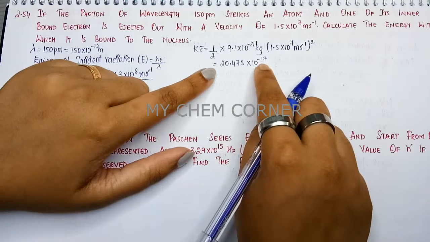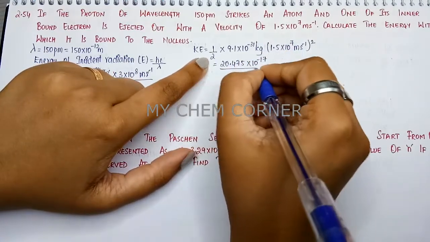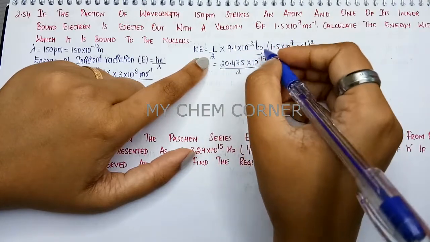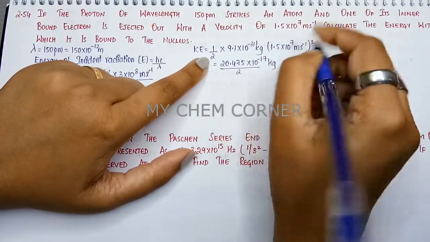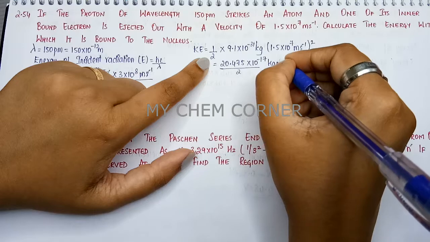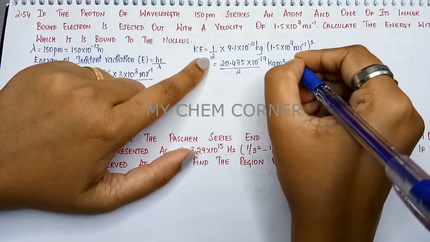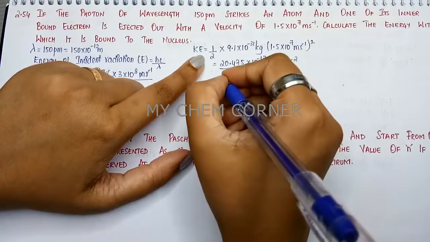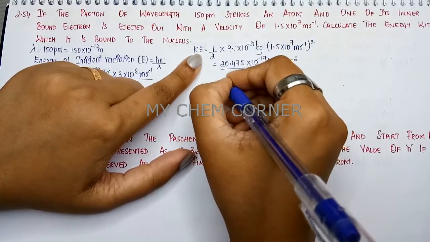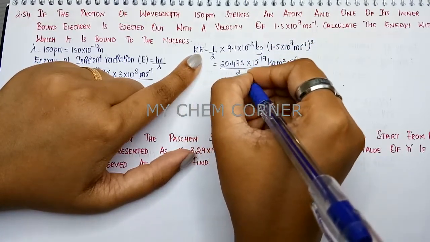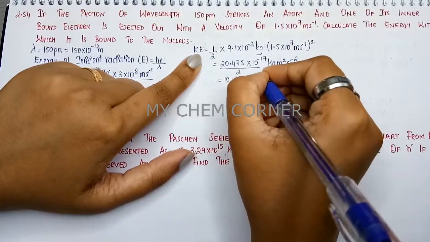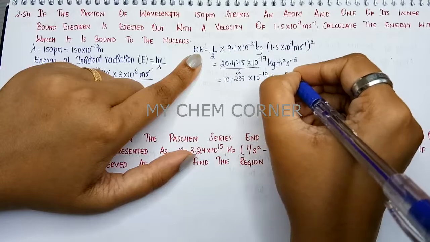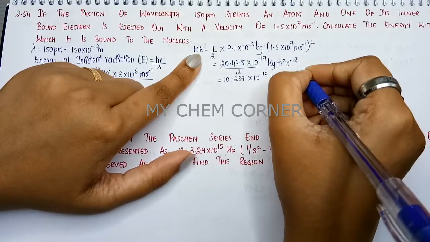Once you finish that, you have to divide it by 2. Kg will be as it is, meter will become meter squared, seconds inverse will become seconds to the power minus 2. Divide both of these and you will get 10.237 × 10^-17 kg meter squared seconds^-2.